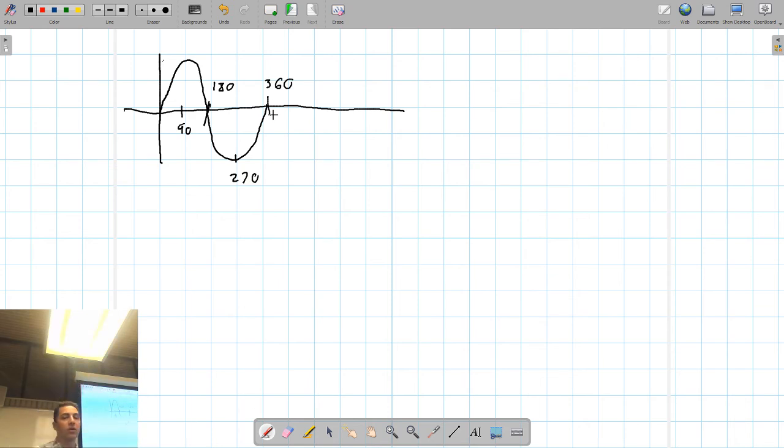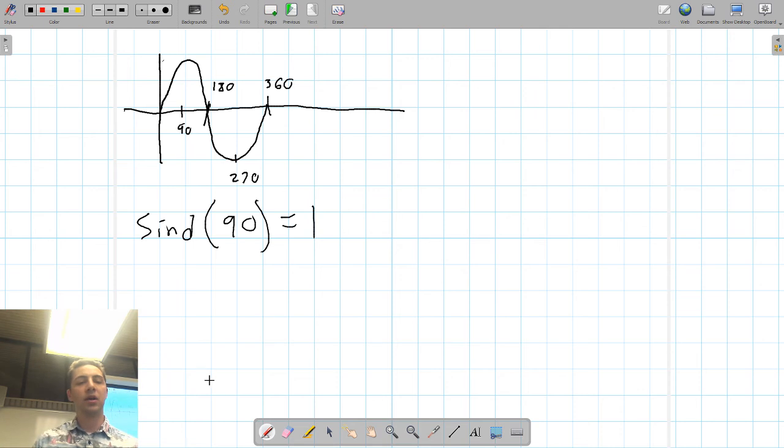So if I said, okay, what is the sine in degrees of 90? You would all look at this graph and say, well, of course, it's 1. Yes, it's 1. And if I did the sine in degrees of 270, that's negative 1.